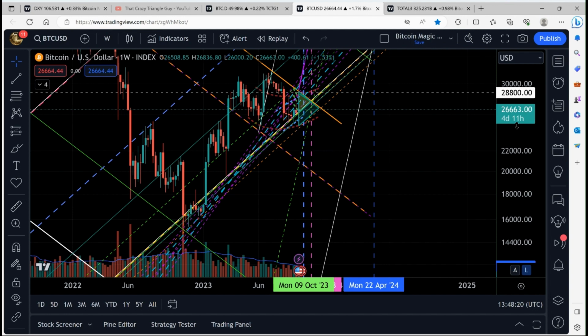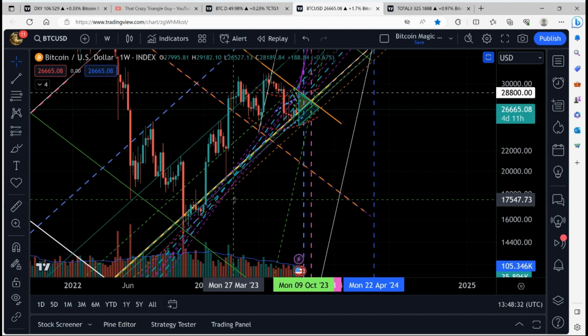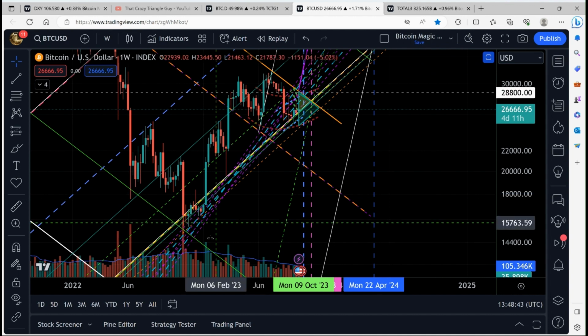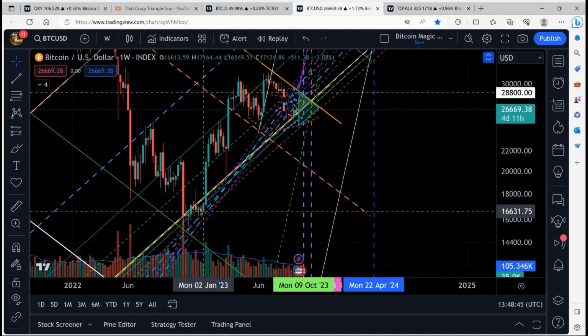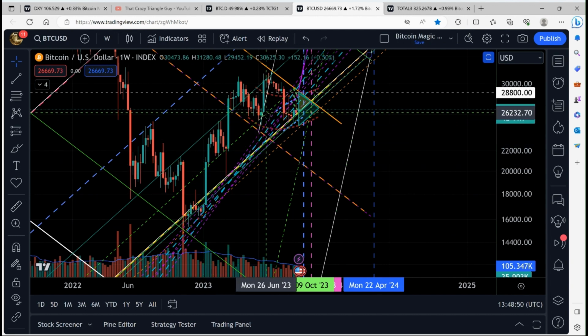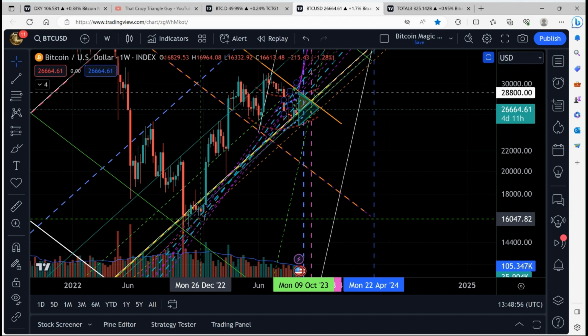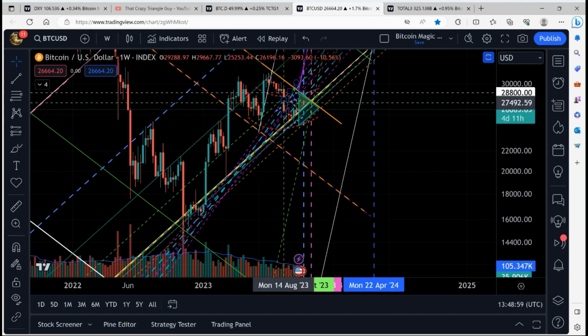I've got these purple channels in the way, and they're kind of crisscrossing because they were drawn on a daily or something, and when you switch to the weekly time frame, it messes it up because of the points that you've chosen on the chart. But anyway, the trend line everybody was following was from this low here to this low here to this low here, and we broke through it right here. That was the wrong trend line, and it's kind of similar to this purple channel here.